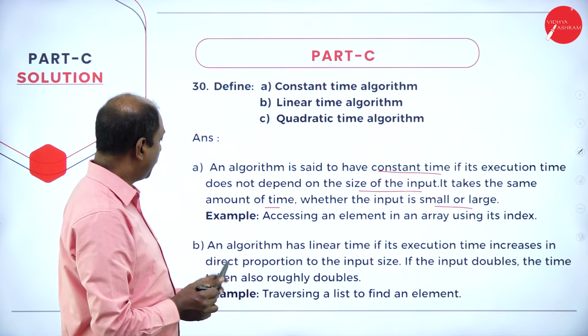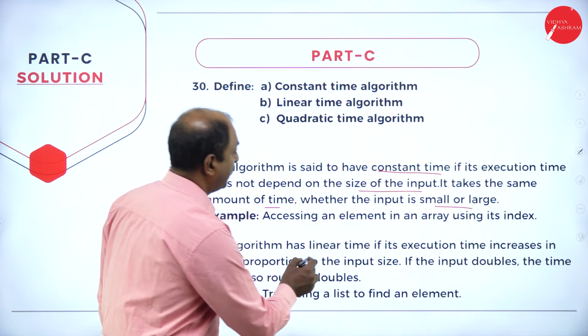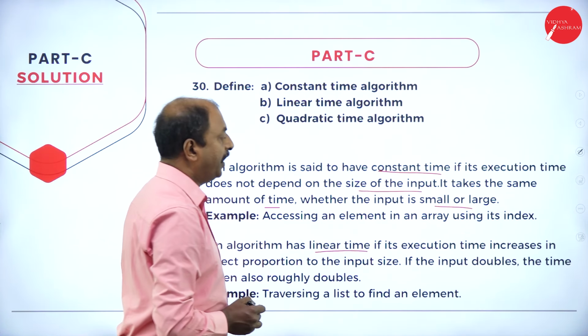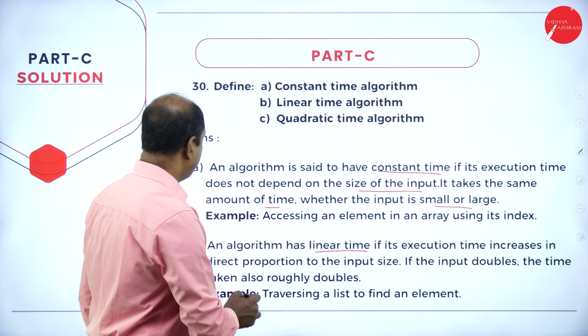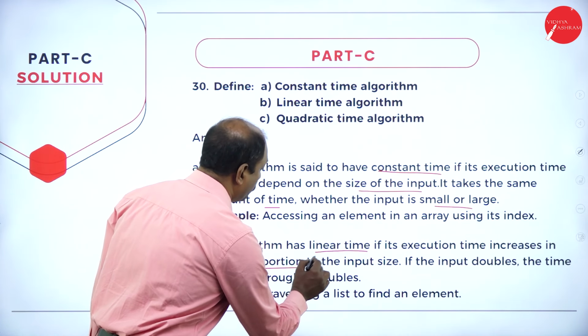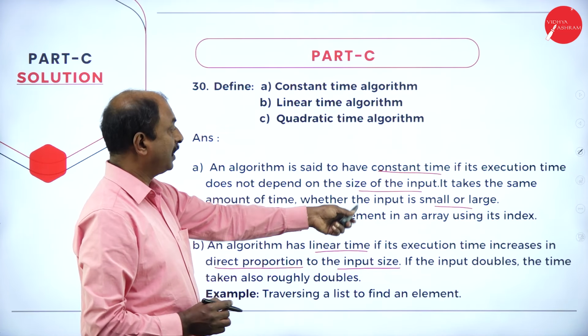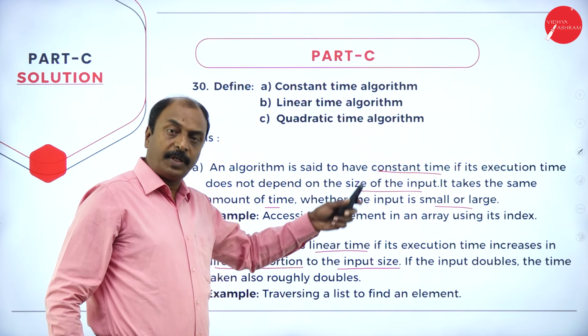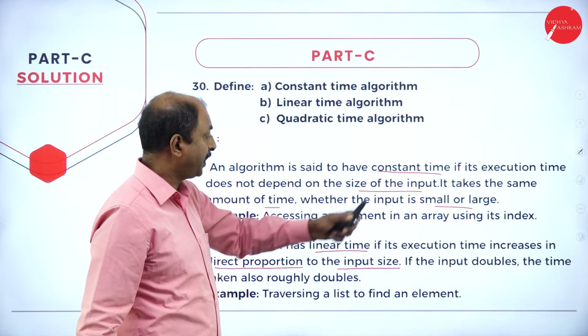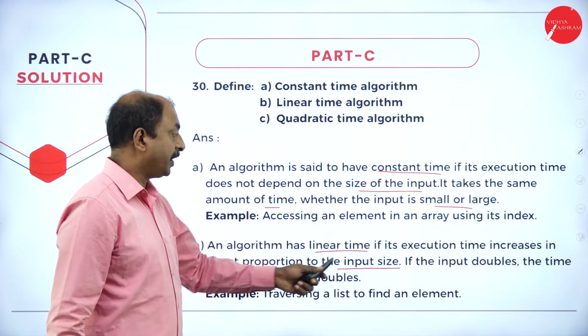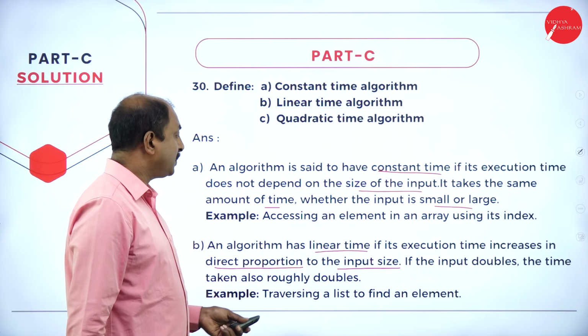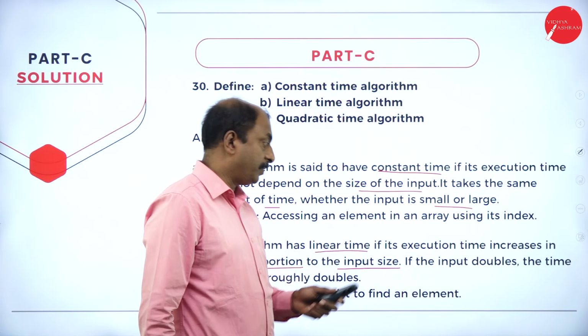The second one: an algorithm has linear time if its execution time increases in direct proportion to the input size. In the constant time algorithm, irrespective of input, it processes in the same time. But in a linear algorithm, it depends on the size of the input.